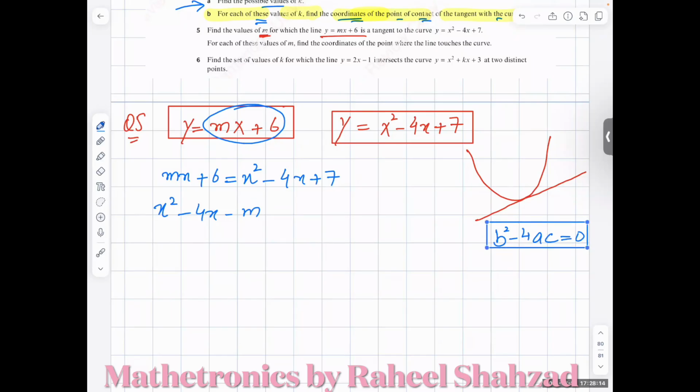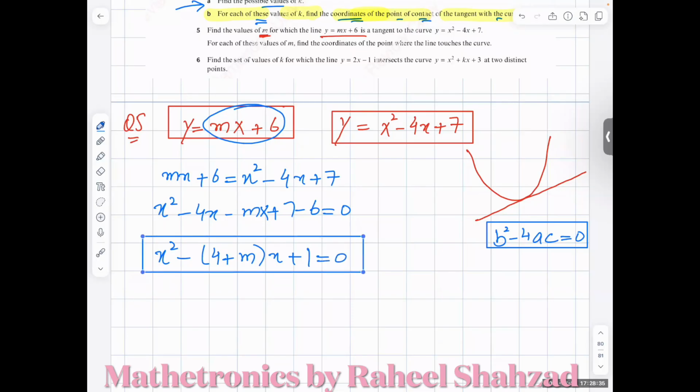Excellent. So x squared minus 4x minus mx plus 7 minus 6 is equal to 0. That gives us x squared minus (4 plus m)x plus 1 equal to 0. By simply substituting this linear equation into the quadratic, we get a quadratic equation.